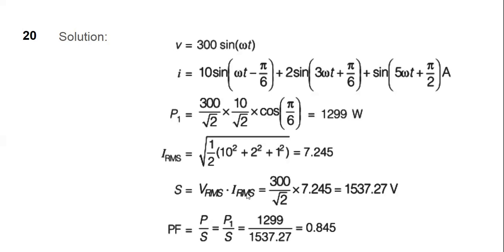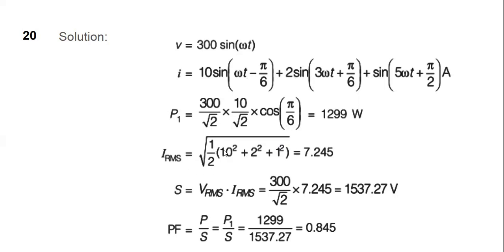In order to find the apparent power, we need the RMS value of the voltage, which we already know, and the RMS value of the entire current, including the harmonic components. That will be the square root of 1 by 2 times (10 squared plus 2 squared, which is the peak value of the third harmonic component, plus 1 squared, which is the peak value of the fifth harmonic component).